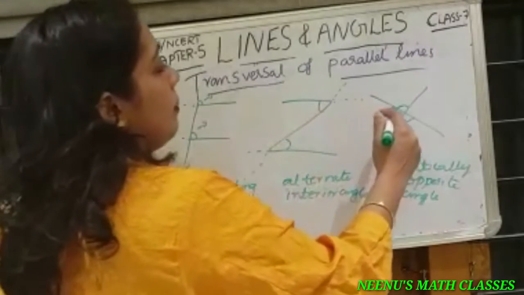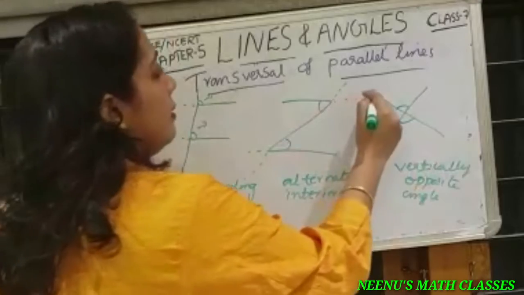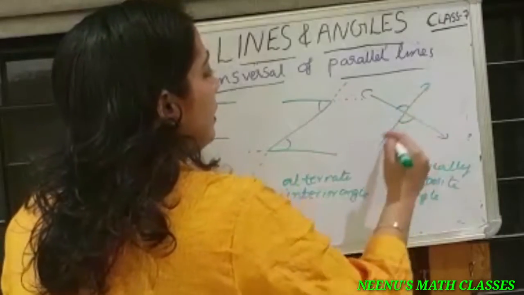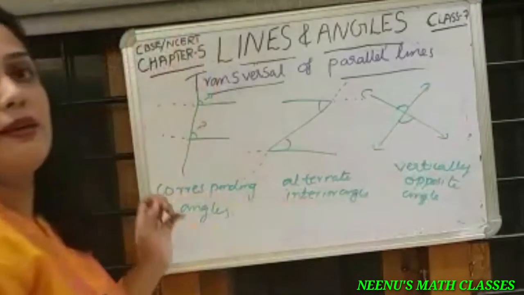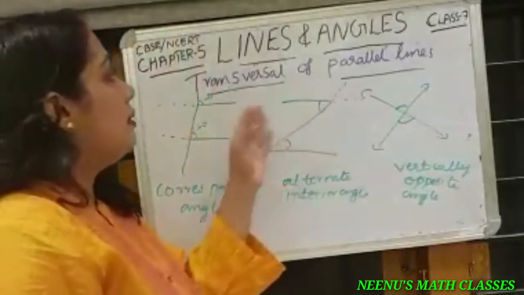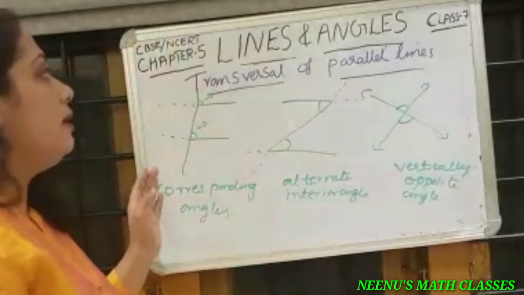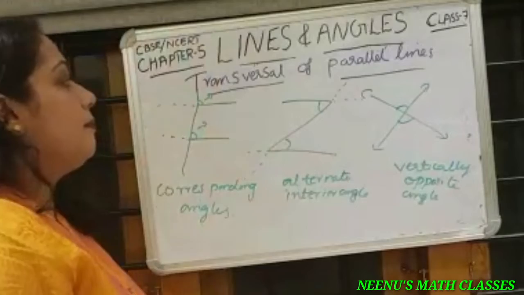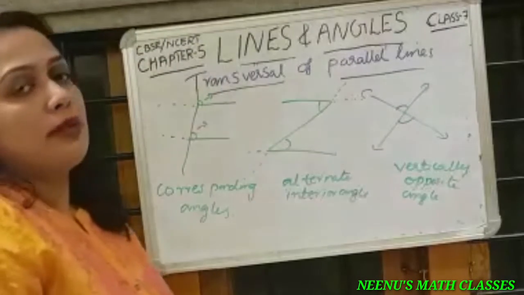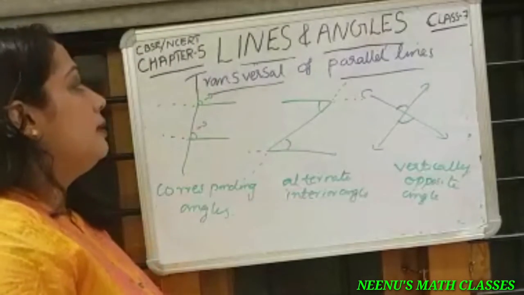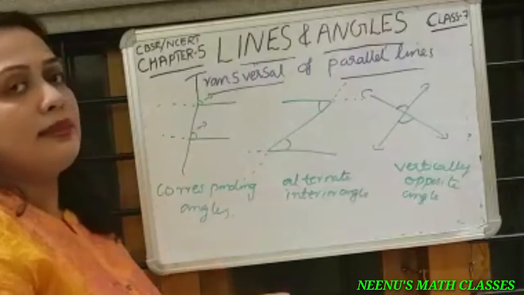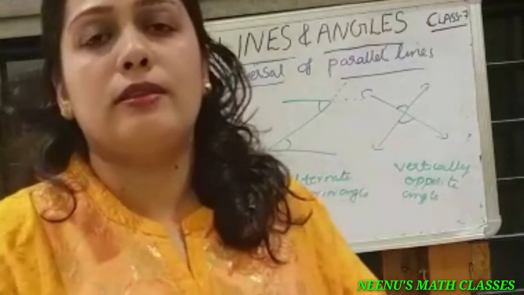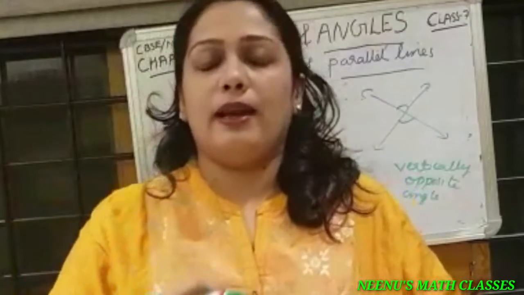Then vertically opposite, we have learned that when two lines join, the vertically opposite angles should be equal. These are some basic facts about this chapter. Okay, so we can do some problems related to this. We have to remember the 3 facts about a transversal cutting parallel lines.